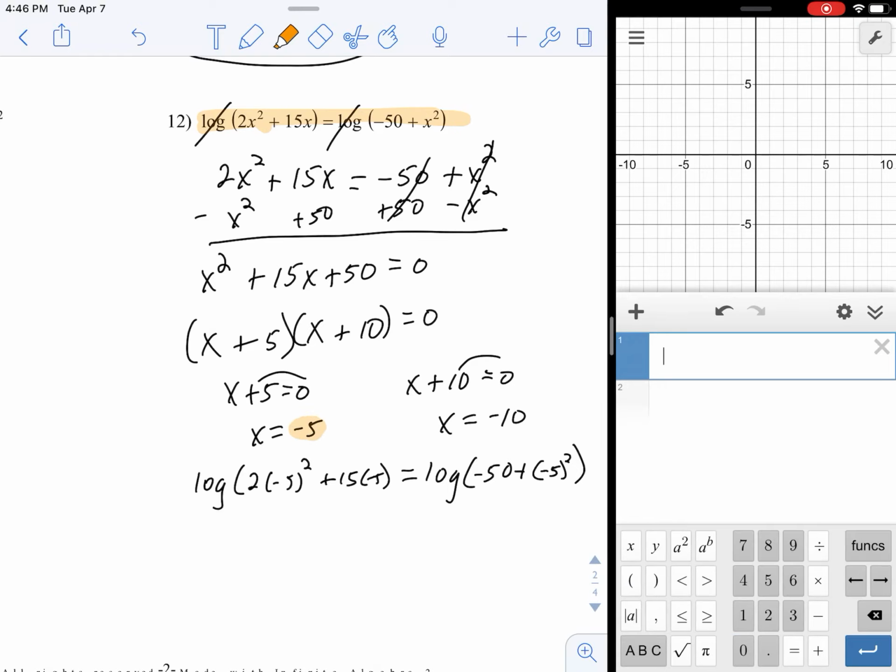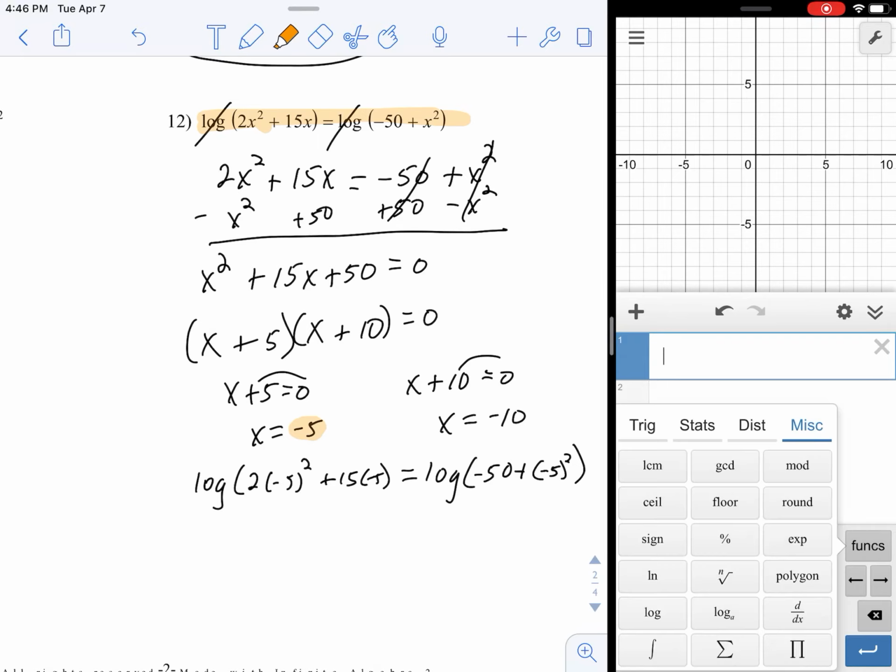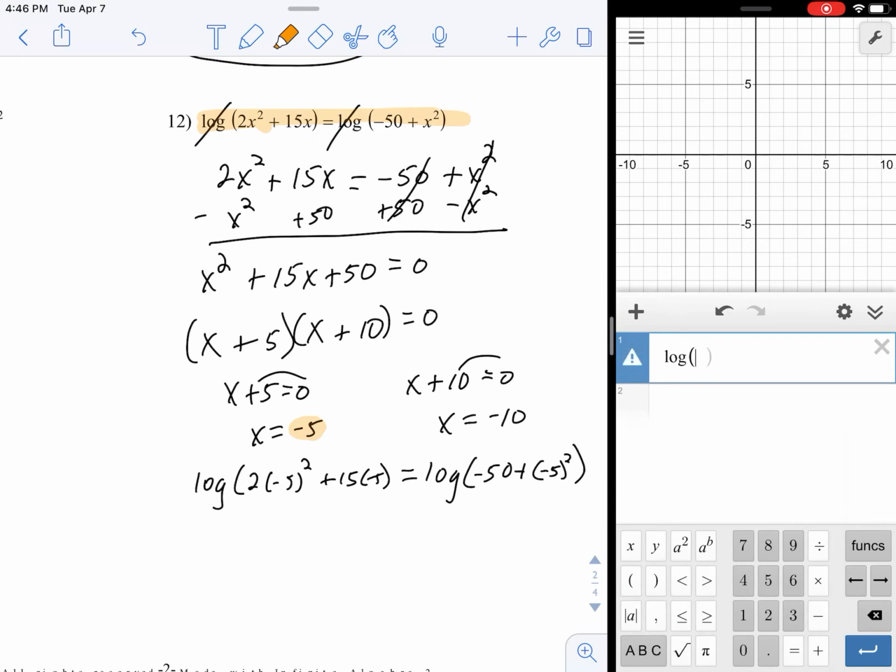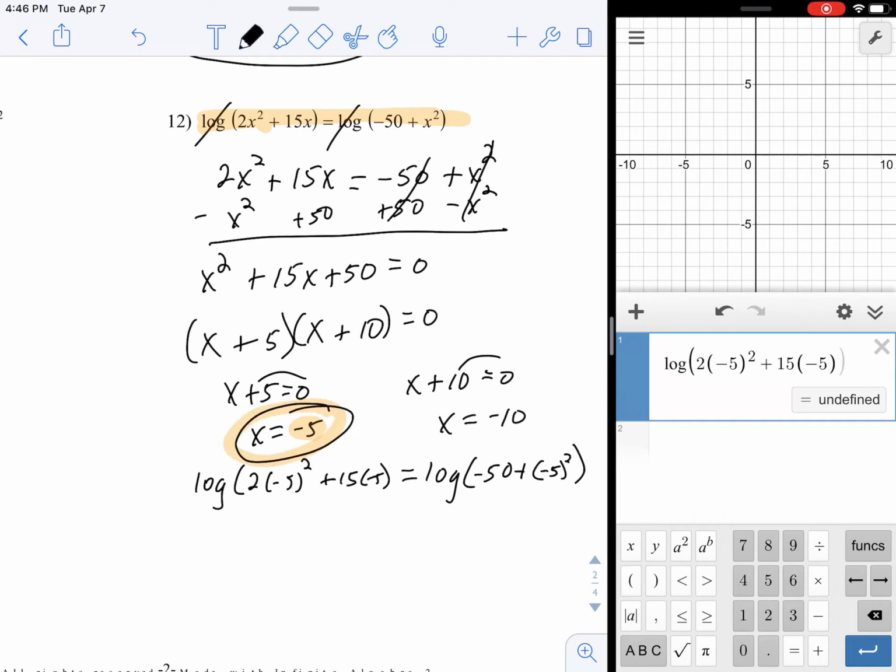Now this is a common log, so I'm going to use that log button. 2 times negative 5 squared plus 15 times negative 5, and that says undefined. The fact that that's undefined tells me that this is an extraneous solution.